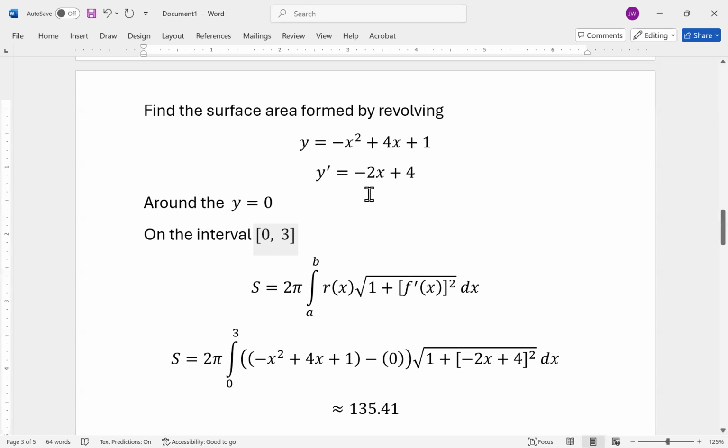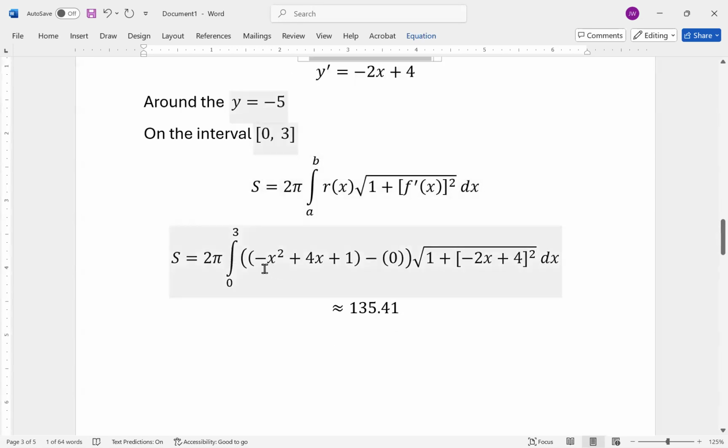In this case, we can use most of the stuff we used in the previous problem because we're using the same arc length. So same curve, same interval. But now instead of y equals 0, we're going from y equals -5. So now my radius goes from the curve down to -5. So I'm going to get -x² plus 4x plus 1 minus a -5.